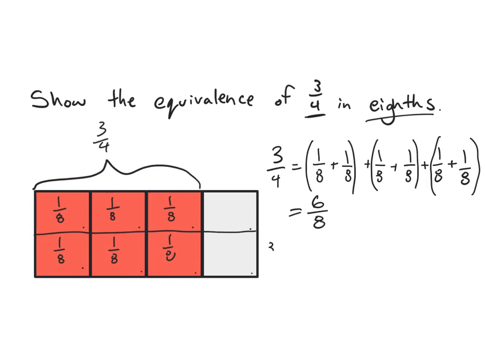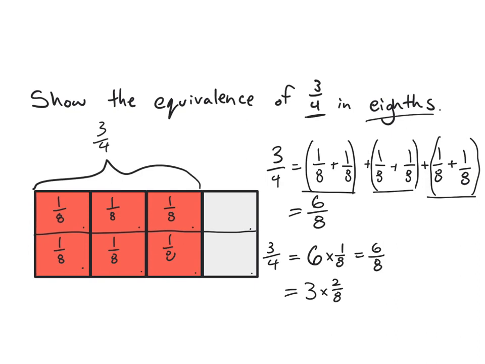And of course I can also represent the equivalence with a multiplication sentence showing that 3/4 is equal to 6 copies of 1/8 or 6/8. But because I've also created these parentheses around these chunks of 2/8, another multiplication sentence that I could use to represent this equivalence is actually 3 times 2/8.